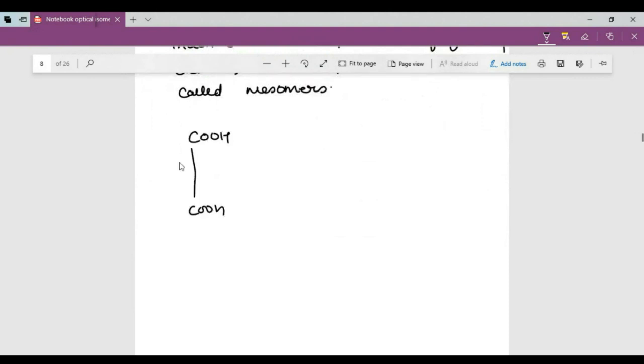Tartaric acid is a very famous example of mesomers. See, this is a Fischer projection. This plane is acting as a POS. If you take its mirror image, it will be superimposable on our structure.